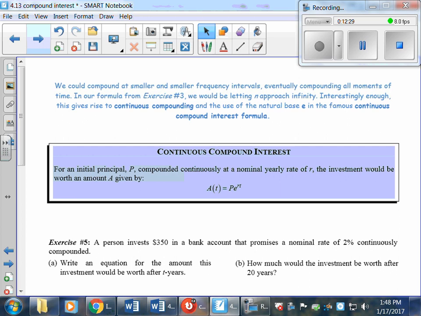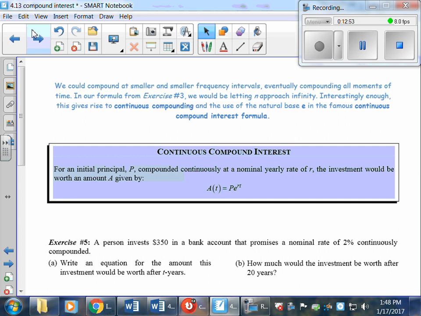So, for an initial principal P, compounding continuously at a nominal yearly rate, the investment would be worth an amount A given by A of t is equal to P, being your principal or your initial amount, times the number e raised to the rt, r being the rate, t being the time.